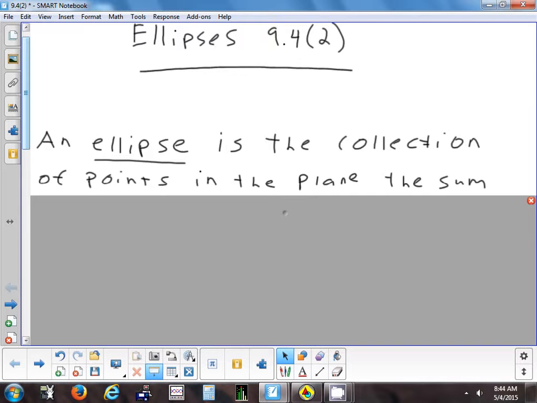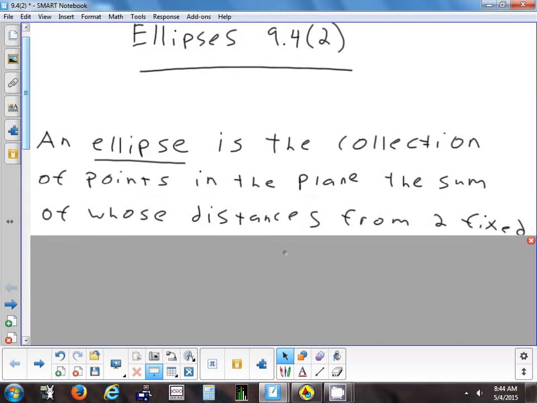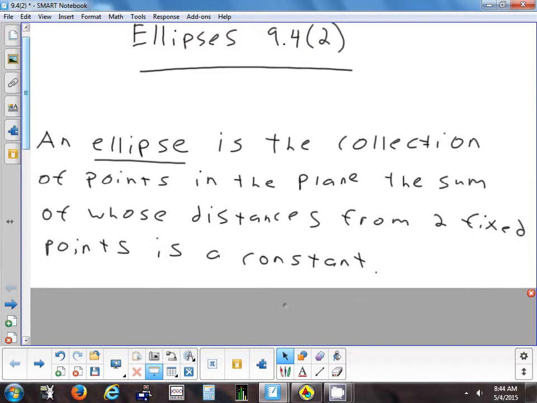Well, an ellipse is a little different. You're going to take two distances and add them up. In a minute, I'll show you what the two distances are. And when you add up these two distances, it's always going to come out to a constant.